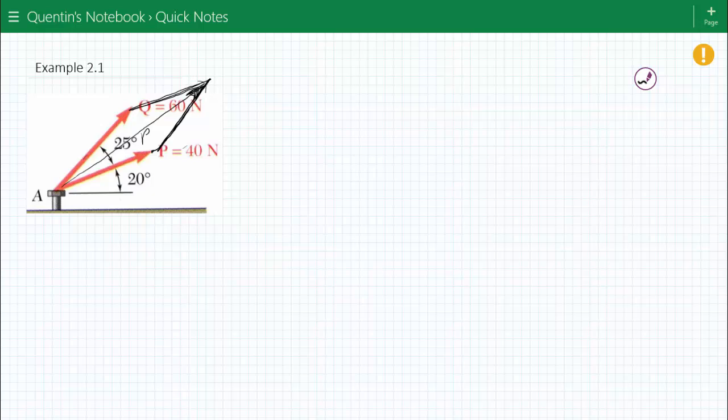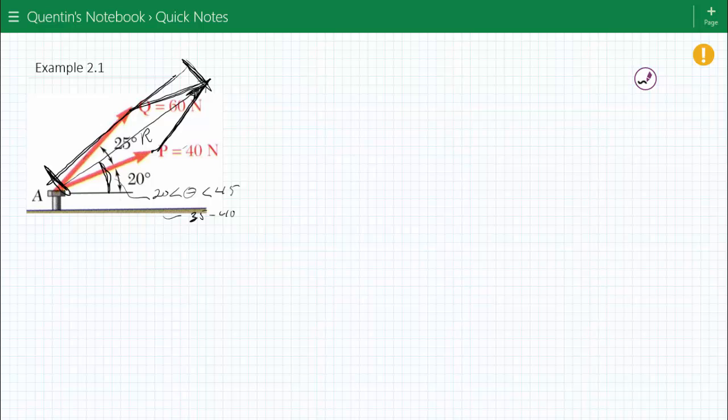This is my R. Okay, so this angle, what is this angle? Well, I don't know, it's going to be greater than 20 and less than, say, 45. So it's going to be somewhere between 20 and 45. Should we call it around 35 to 40, somewhere around there? And then what is this distance from here to here?